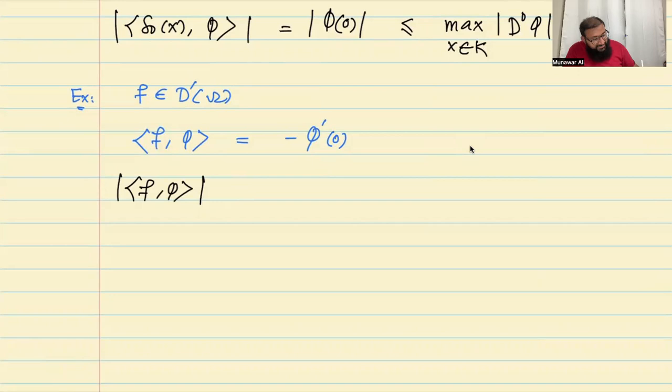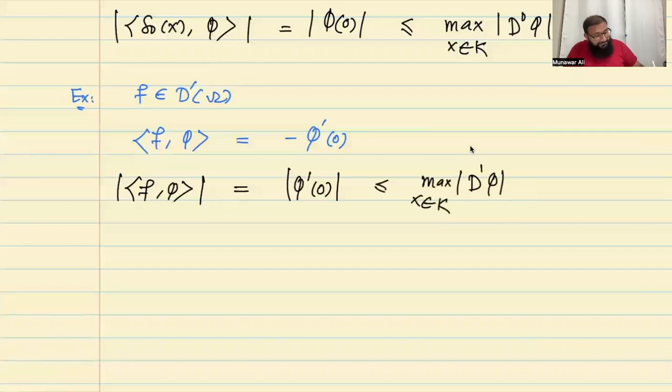You know very well it's going to be phi prime of 0, since I'm going to take the absolute value on both sides, which is less than or equal to the maximum value of the first derivative of phi, since it is one derivative. So you can simply say that the order of this distribution is 1.